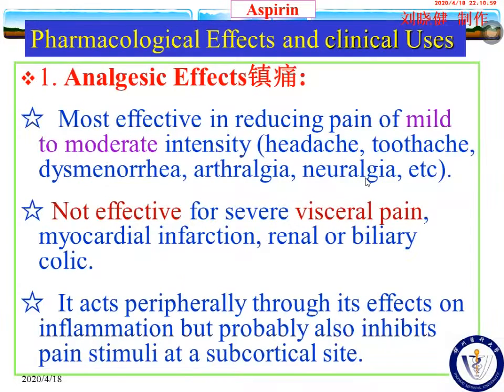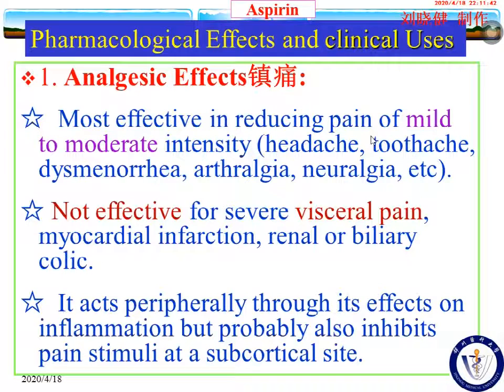Let's study in detail. The first effect is analgesic effects, in Chinese, 镇痛. Aspirin is most effective in reducing mild to moderate intensity pain, such as headache, toothache, dysmenorrhea, arthralgia, even neuralgia. This mild to moderate pain, we can use aspirin to treat, but it is not effective for severe visceral pain, myocardial infarction, renal or biliary colic.